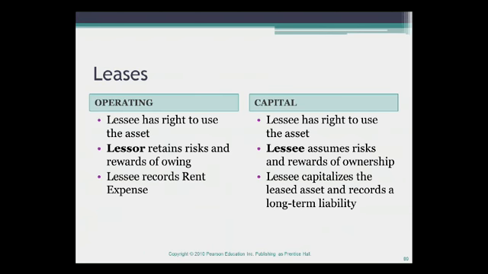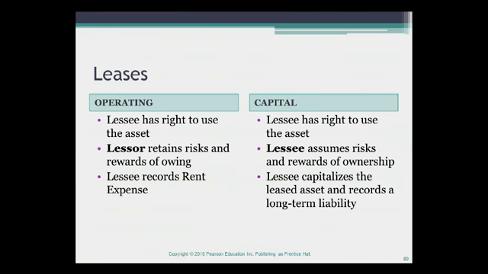The lessor, the person leasing that equipment to you, still owns the equipment, still has all the risks and rewards of owning. And at the end of the lease term, they're going to get that piece of equipment back. So this is just like you think of leases. The company will record rent expense when they incur that rent.